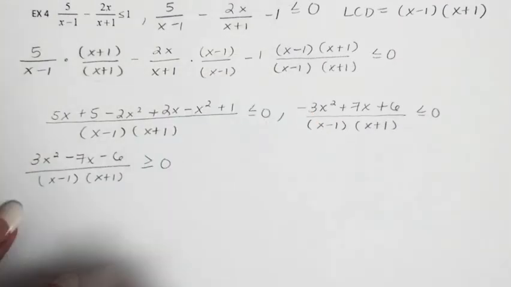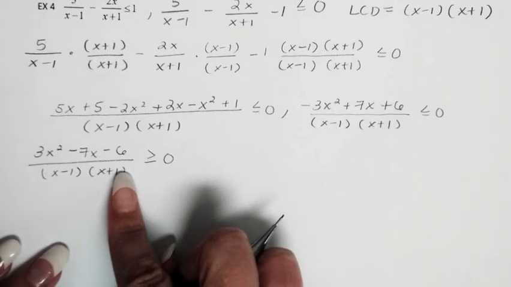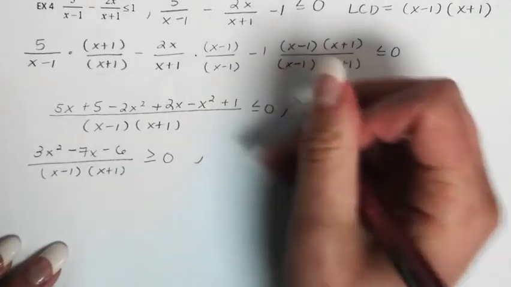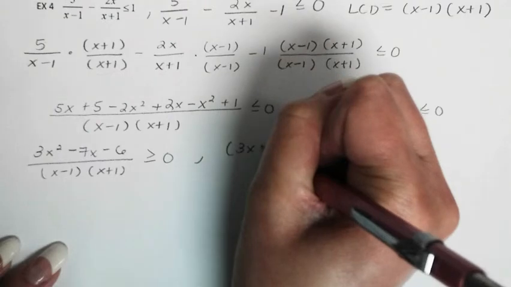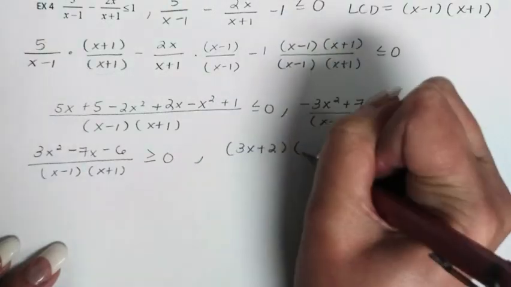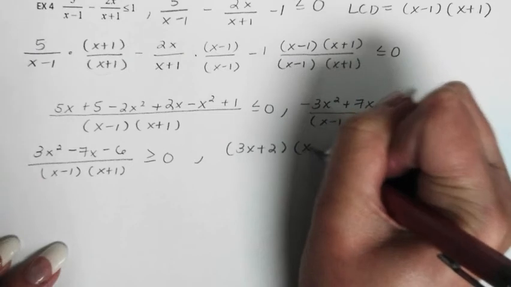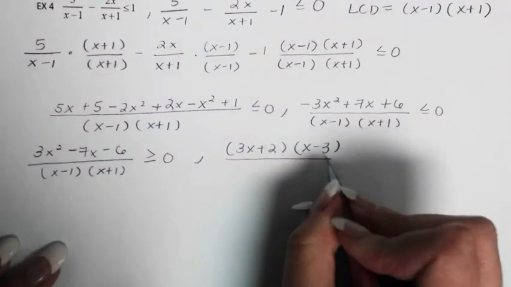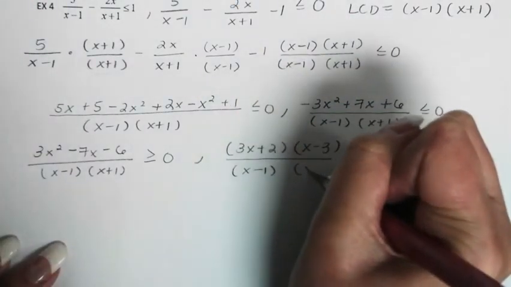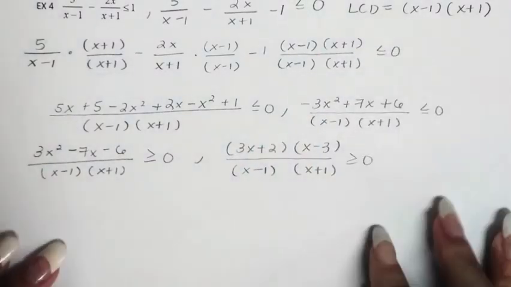So this one, at least for me, is much easier to factor. Use your favorite factoring method. You know that this is going to be (3x plus 2) times (x minus 3), divided by (x minus 1)(x plus 1). Look how beautiful it looks, greater or equal than 0.